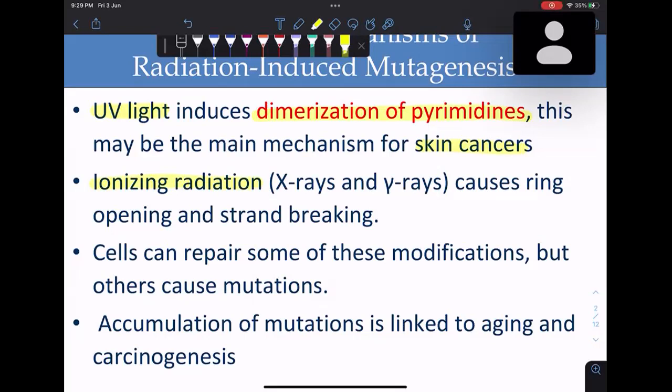However, our cells have a very concrete repair mechanism for these types of modifications. But sometimes such damage to the DNA goes unnoticed and causes mutations. The accumulation of mutations is basically what causes the rise of cancer and aging.